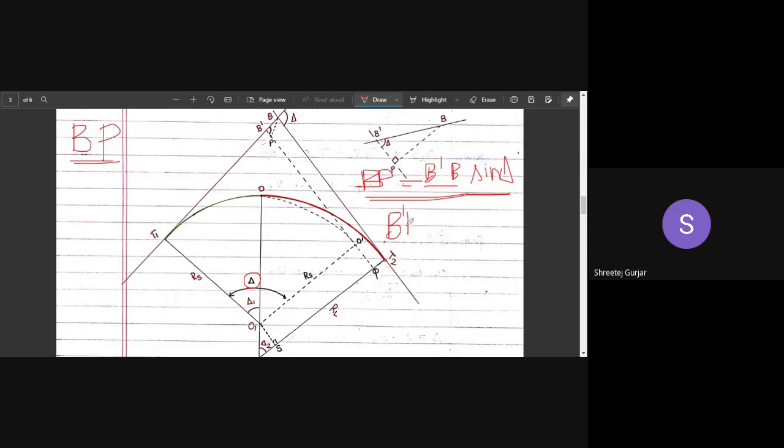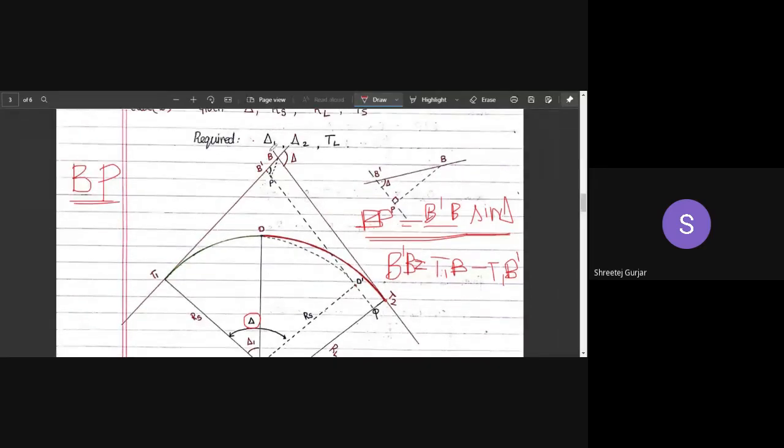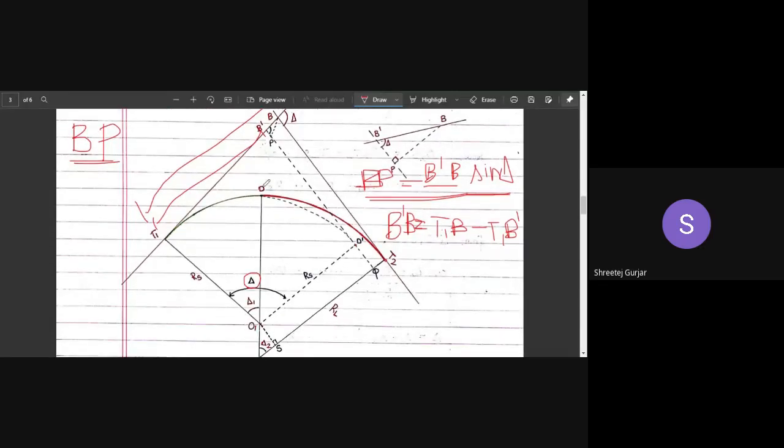B dash B is equal to T1B, the total length, minus T1B dash. This total length from T1 to B, minus this tangent length T1B dash, will leave me B dash B.